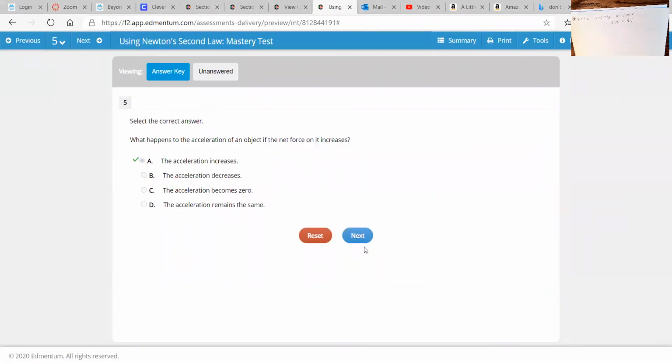Then 5, what happens to the acceleration of an object if the net force acting on it increases?